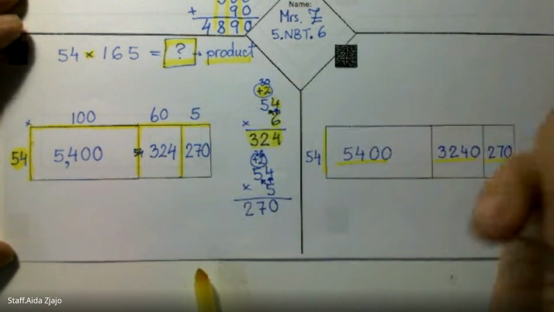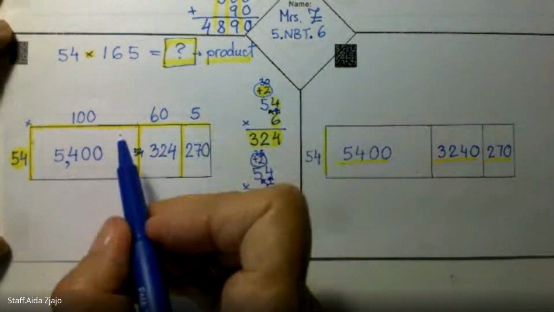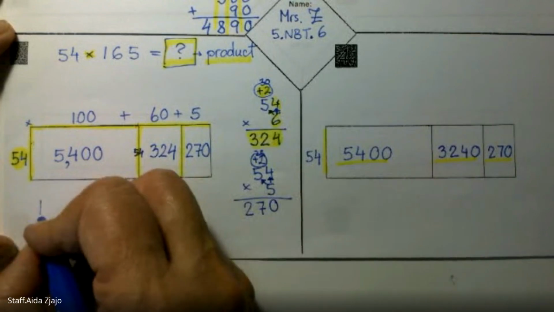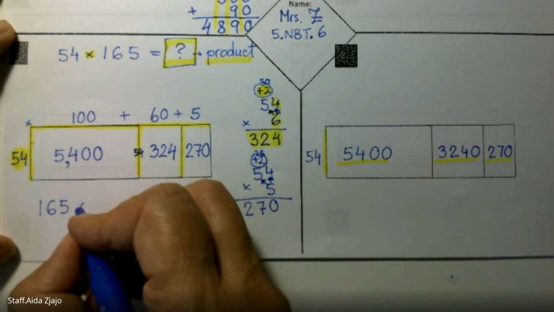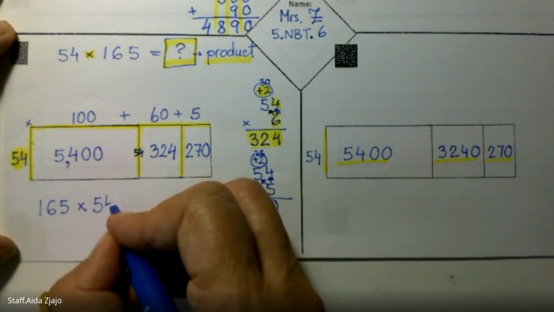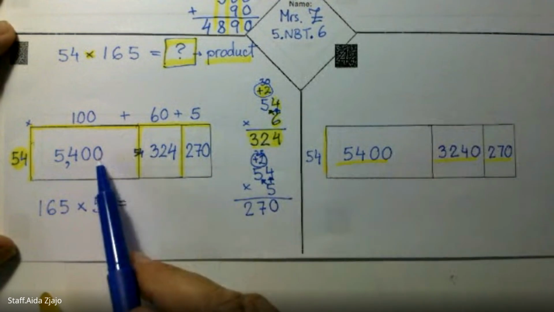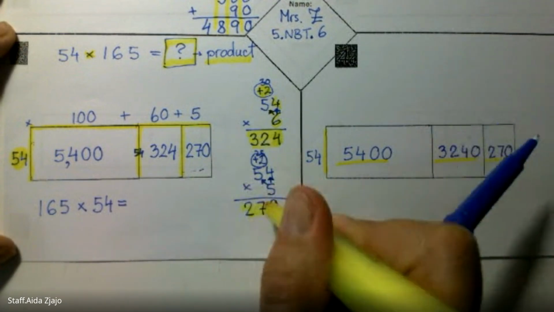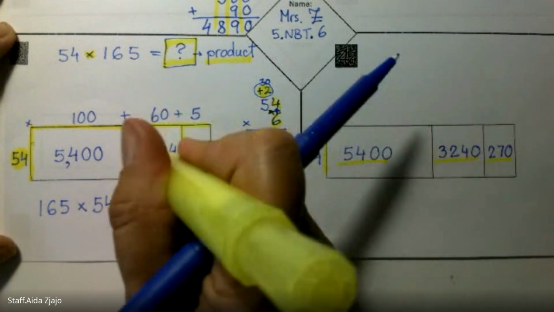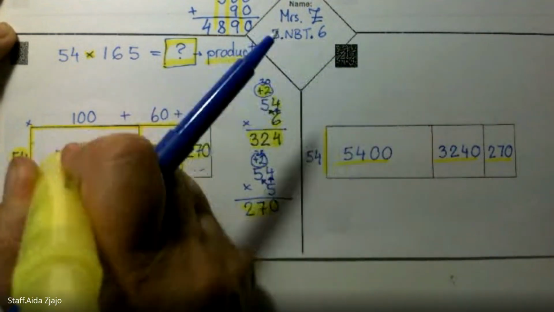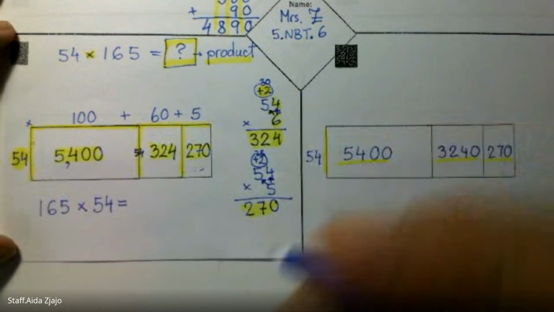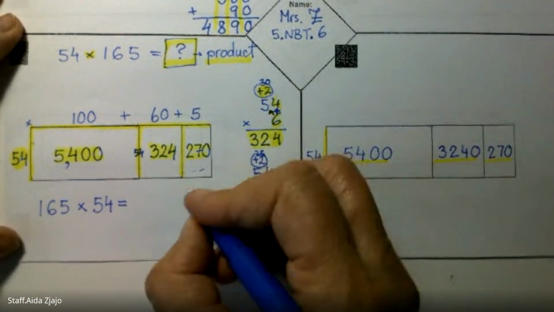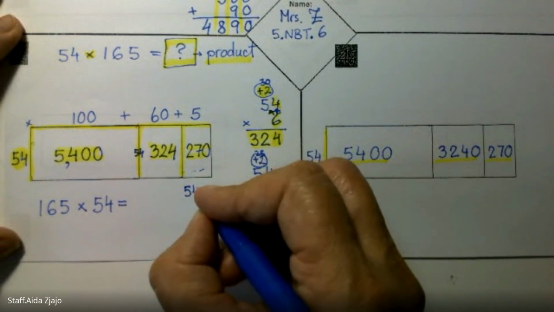So here is your multiplication problem. It's 100 plus 60 plus 5, it's 165 times 54. And the answer is the numbers inside that you figured out. So 270 plus 324 plus 5,400. I'm going to put it on the side and add those. I'm going to make a smaller number so it can fit.